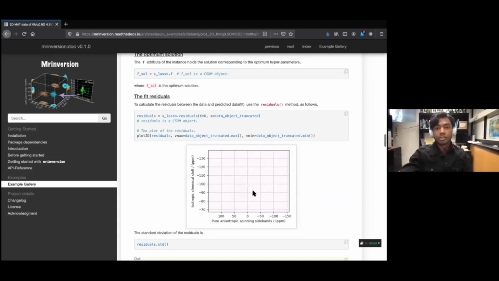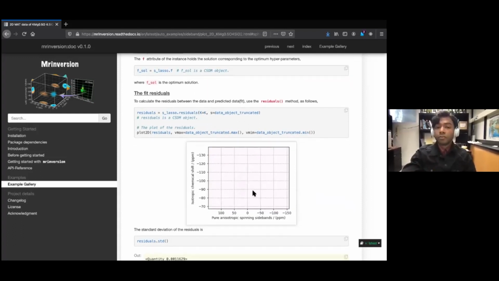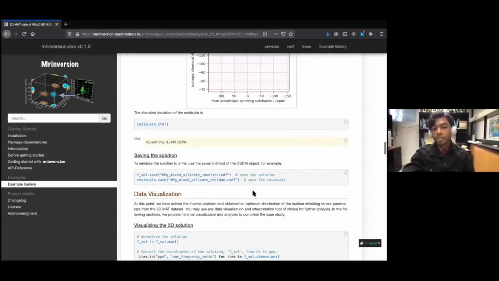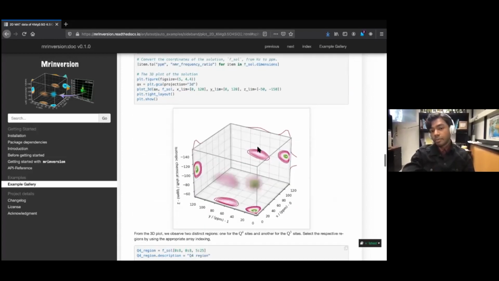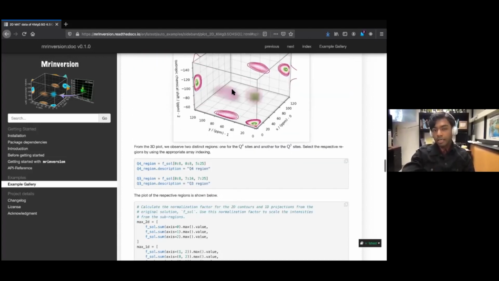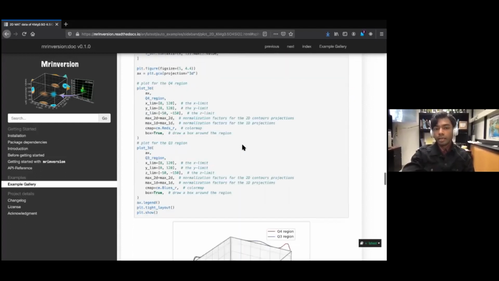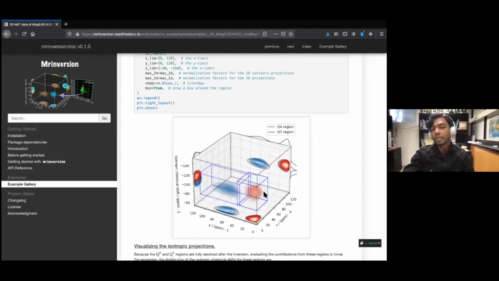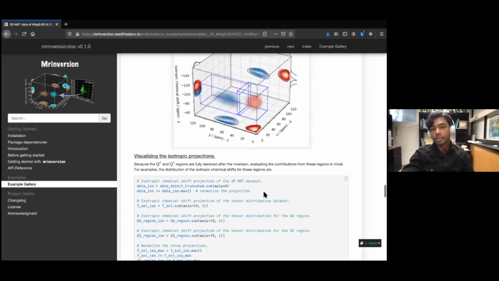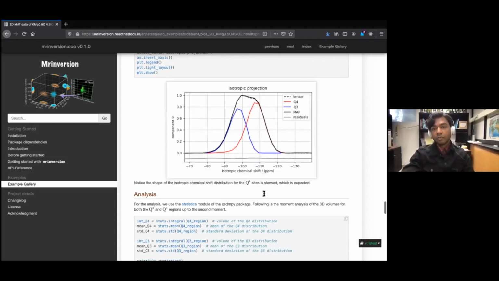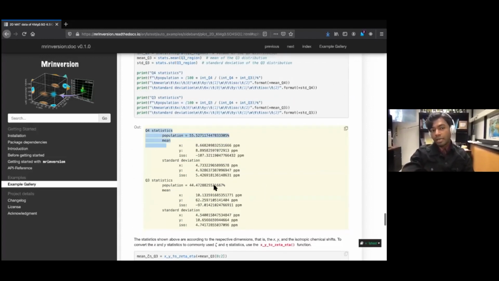And this is just the residue from what we see as the optimum solution. Then visualize the optimum solution, which is again a Q4 and a Q3. And then we can separate these out into individual voxels and do a statistical analysis of these voxels. And then we can have Q4 and Q3 statistics.